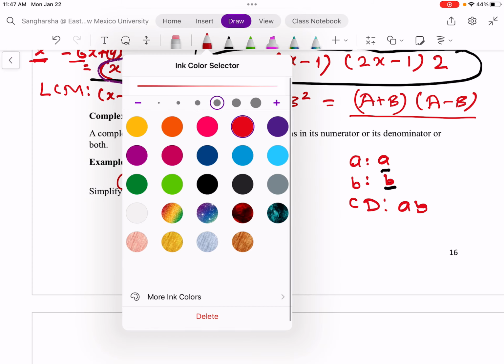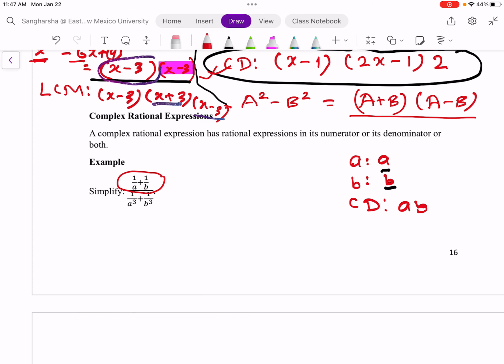Now let's take the denominator. Here we have a cube and b cube. Let's find the common denominator for a cube and b cube. So what is the common denominator for a cube and b cube? Okay, now here let's factorize. A cube is the same as a times a times a, right?